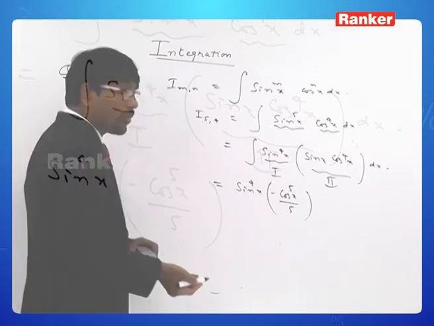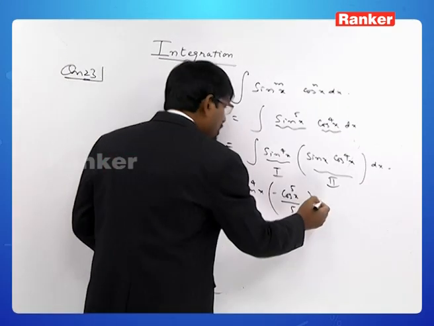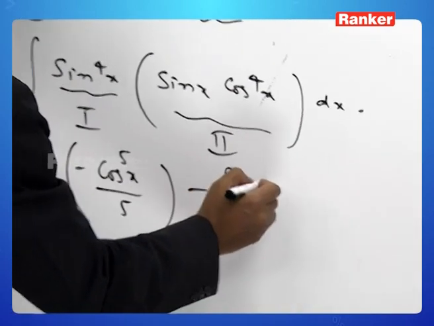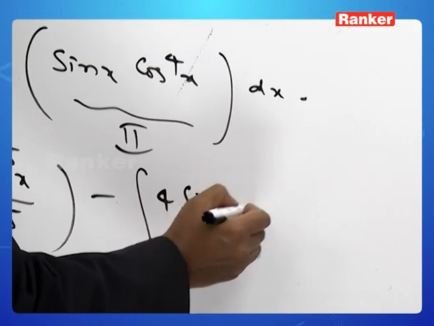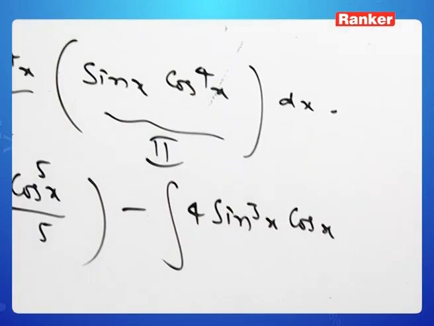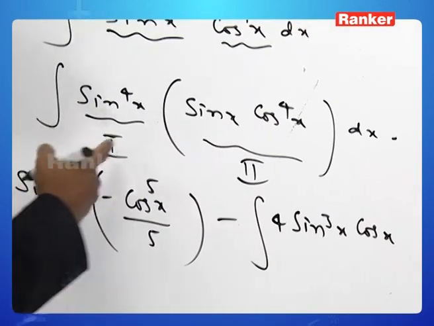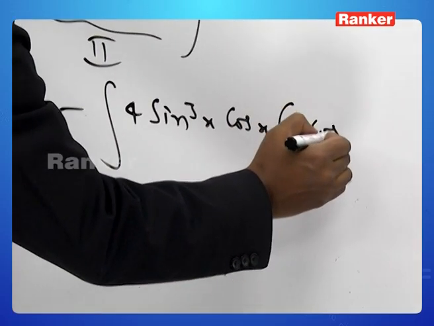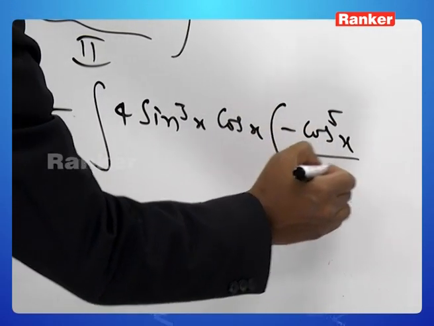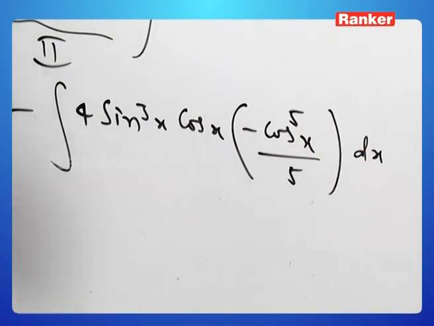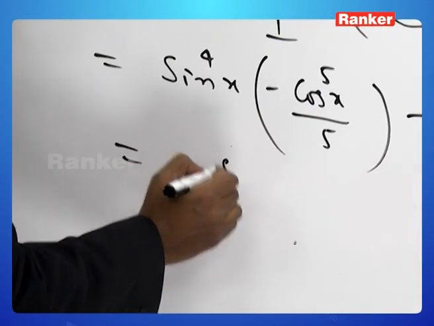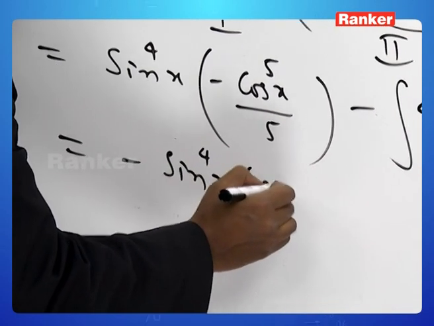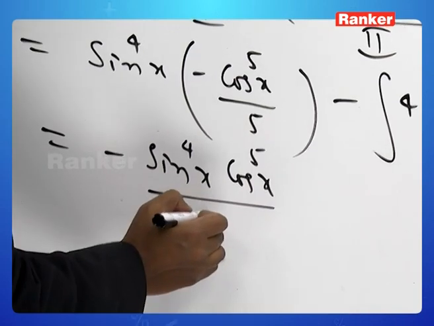So I'll have to compensate by writing it here, minus of, now the derivative of first function, that is 4 sin cube x into cos x, into, now this whatever we got here, we are going to copy it there, minus cos x raised to the power 5 by 5 dx. Now this turns out to be minus of sin x raised to the power 4 into cos x raised to the power 5 by 5.